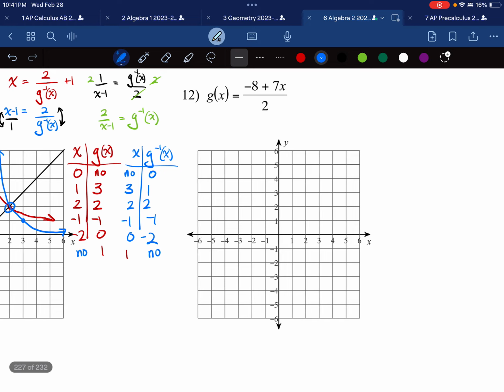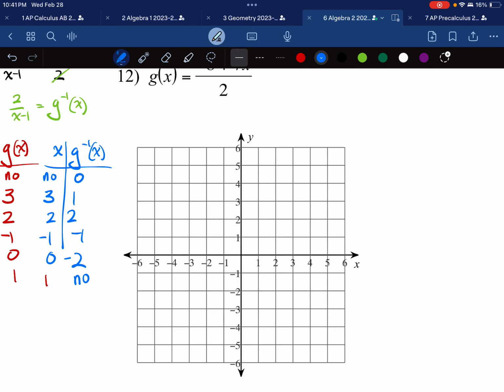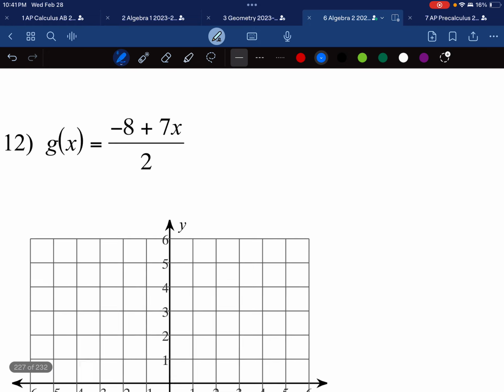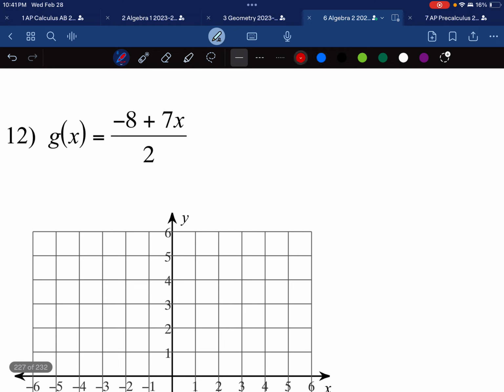All right, number 12. Let's try this one. So we're going to say x now is equal to -8 plus 7 times g inverse of x, and it's all going to be divided by 2.